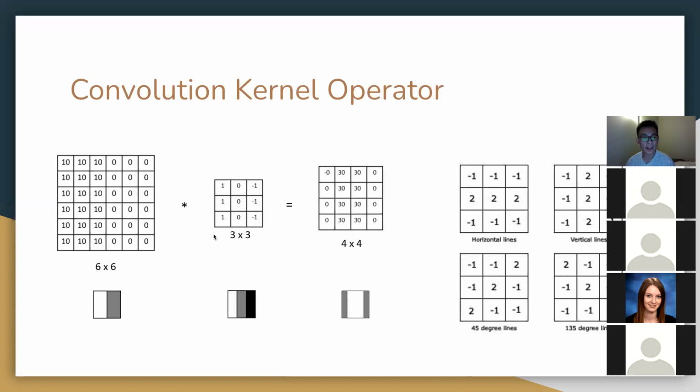It's like an operation. First of all, you multiply each value. For example, over here, 1 times 10, 0 times 10, negative 1 times 10. You multiply each value with the corresponding value in the input image, and the value you will get is this.